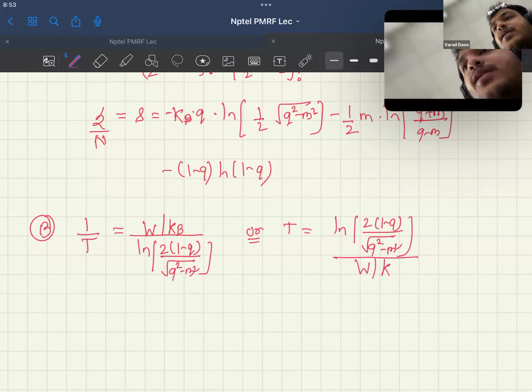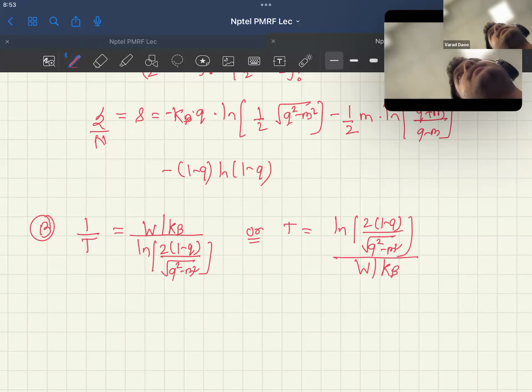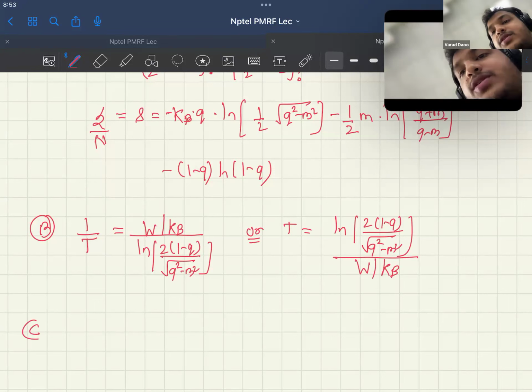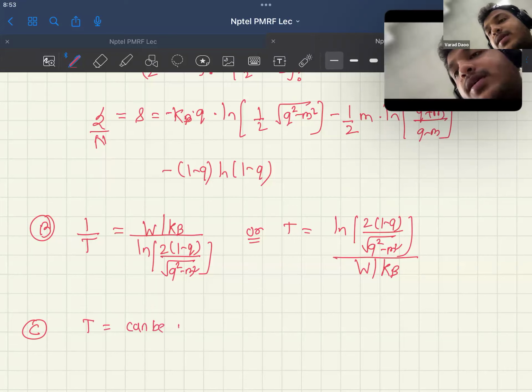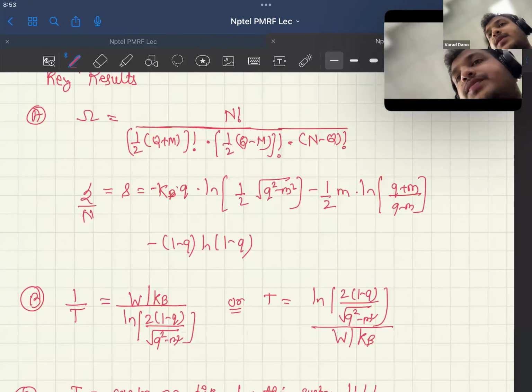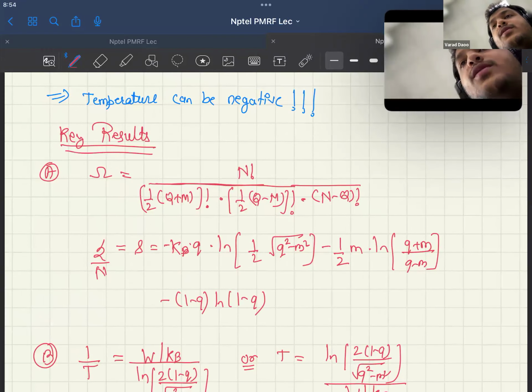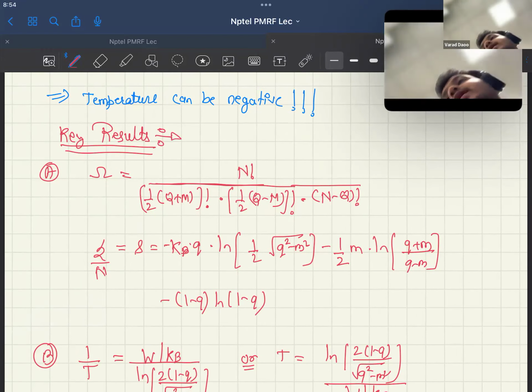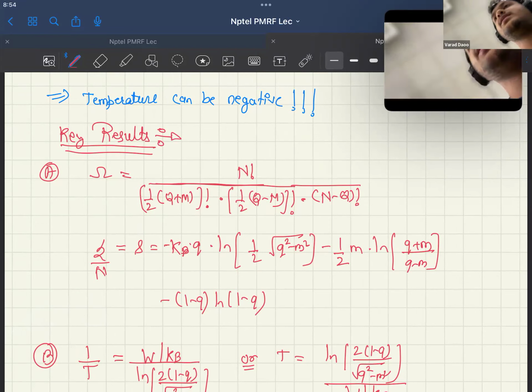And for the third part, we found that temperature can be negative for this system, which is very shocking news, right? So I hope that this is clear to everyone.